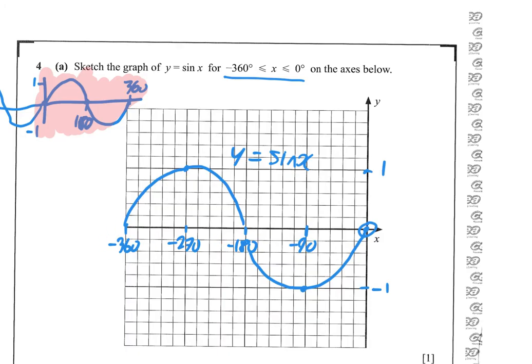And my vertical goes from 1 down to minus 1. So sine of 0 is 0. It's a calculator exam, you can put these in just to check, but check every 90 degrees. Sine of minus 90 is minus 1. Sine of minus 180 is 0. Sine of minus 270 is 1. And sine of minus 360 is 0. So you can just put those in and check.